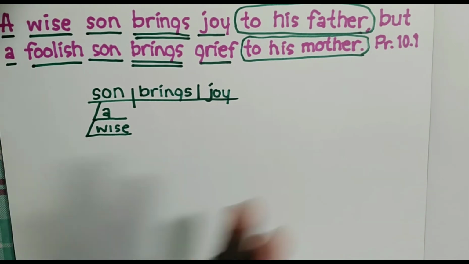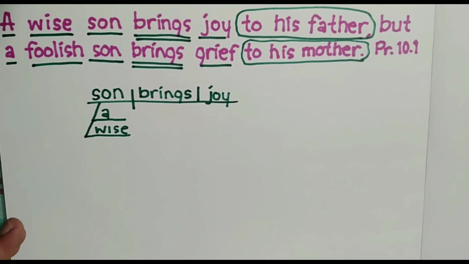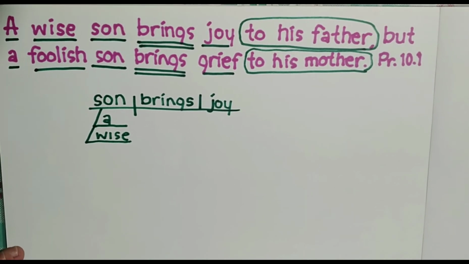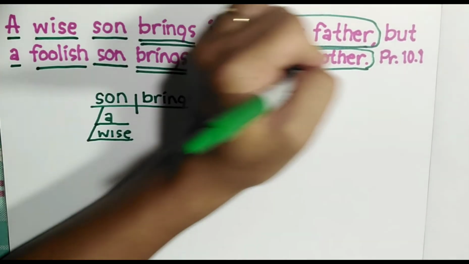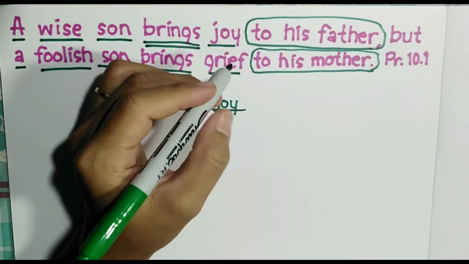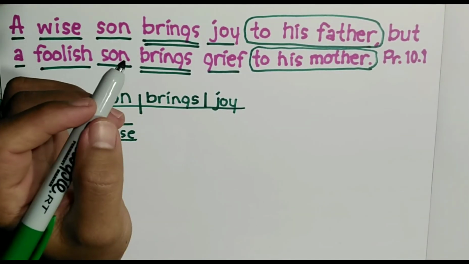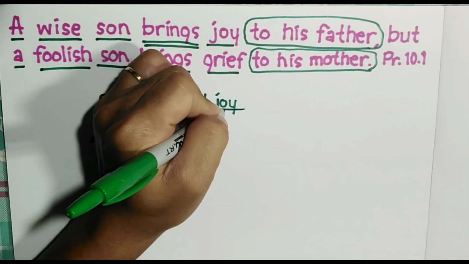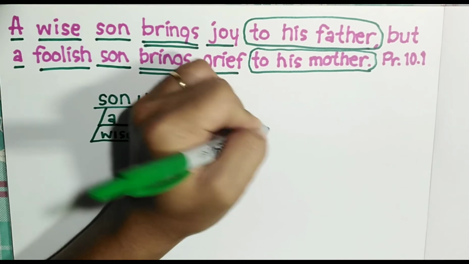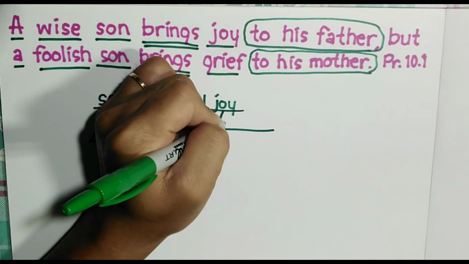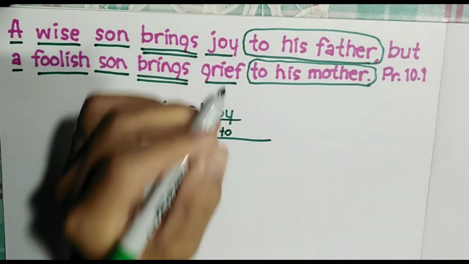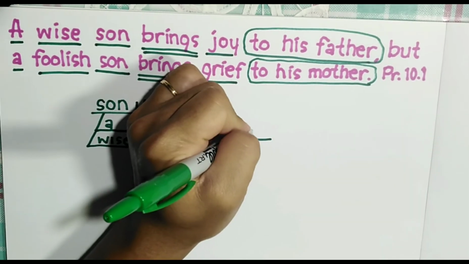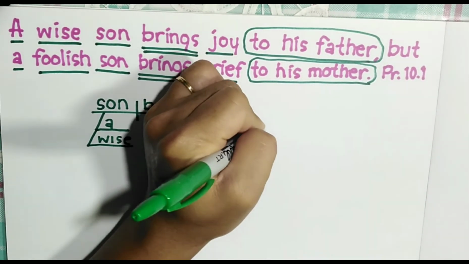Now, son brings joy. Now what's lacking in our first line? A wise son brings joy to whom? Brings joy to his father. So to his father, since it's a prepositional phrase, then we'll put it underneath joy. Joy to whom? To his father. Put to, the preposition, because the word to is a preposition, and then father. The object of the preposition is father.